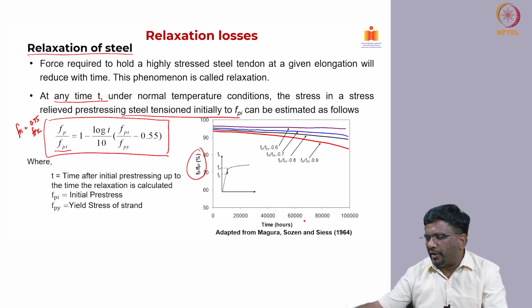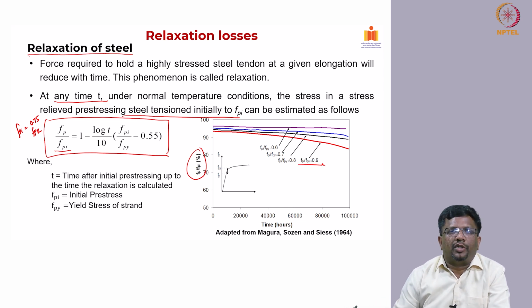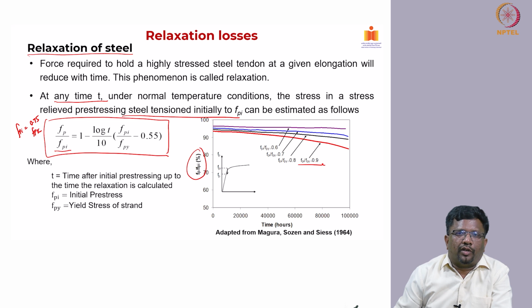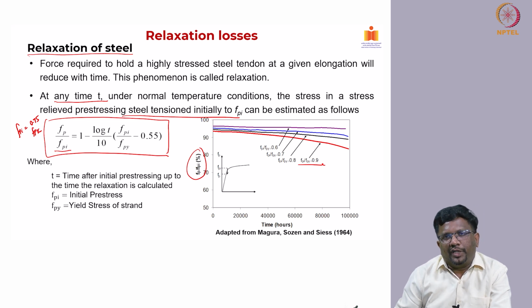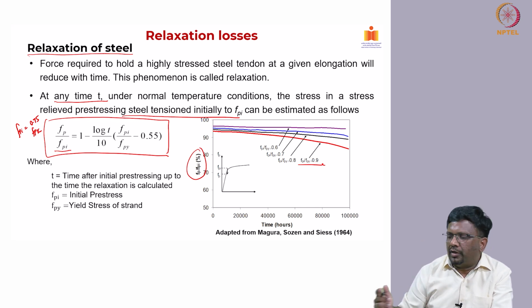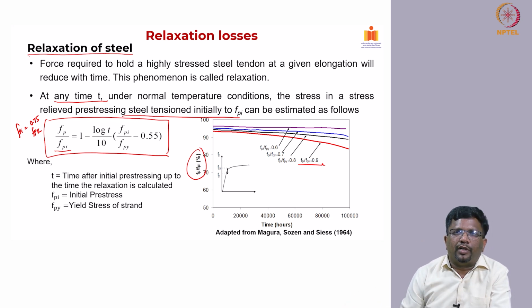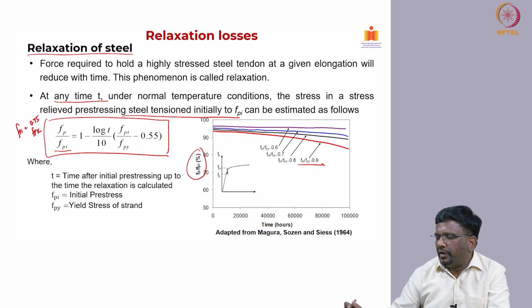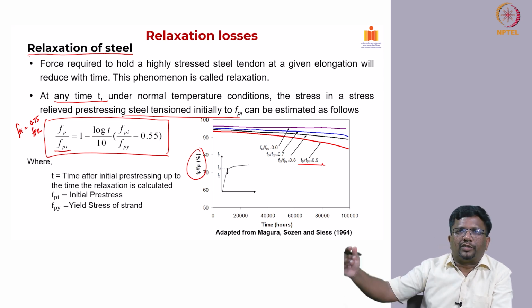If you look at this red curve, which shows stress FPI as a fraction of the yield strength of the pre-stressing strand, if you apply an initial stress very close to the yield strength, in this case 0.9, you can see here that the stress reduction is higher.